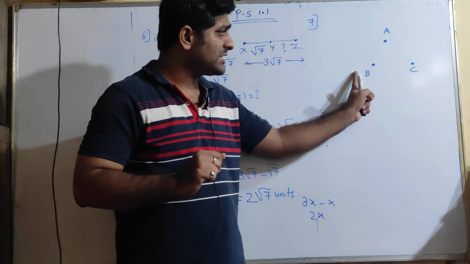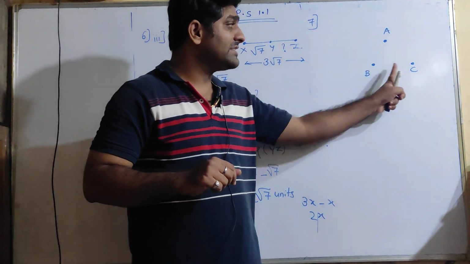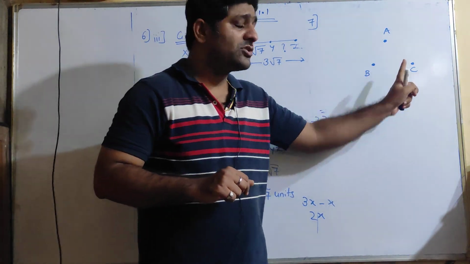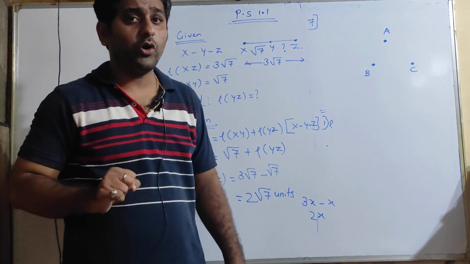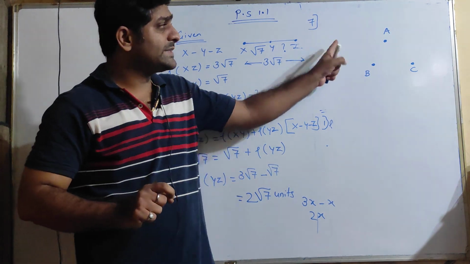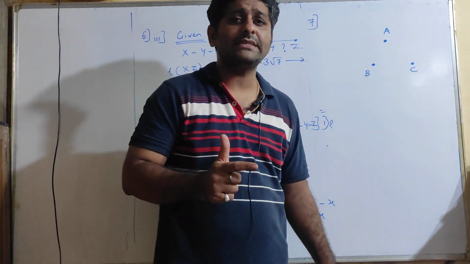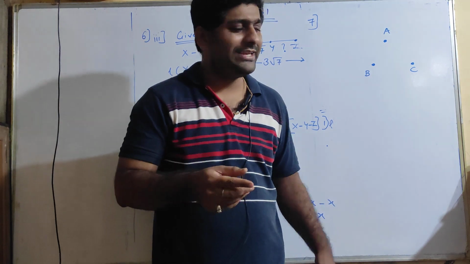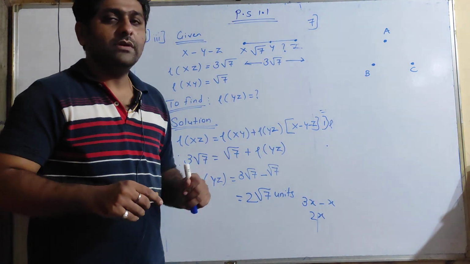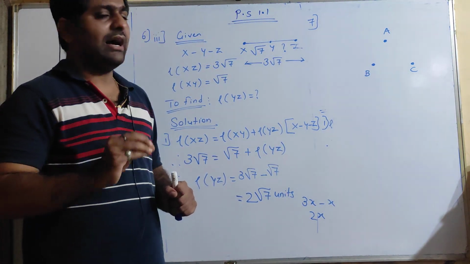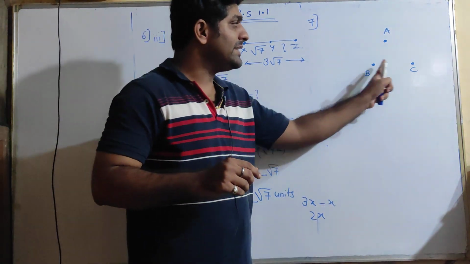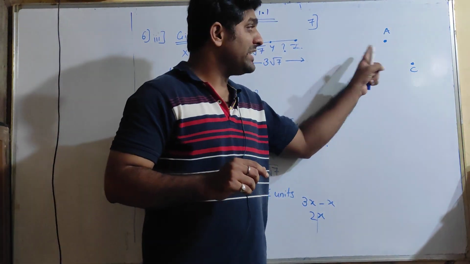So look at these points now, A, B, C. We cannot have a straight line which is passing through all these 3 points, and hence students, these points are termed as non-collinear points.